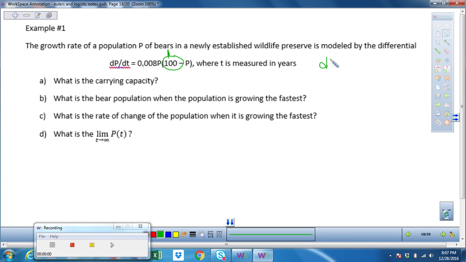So dP/dt equals, when I factor out 100 from here, I am multiplying this decimal by 100, so it becomes 0.8P. And then when I factor out 100 from here, I get 1, but I have to factor 100 from here too. It doesn't have it to give, so it becomes P over 100. Once it's in this form, I can answer all of these questions. This is the only math that we have to do. So the carrying capacity now is 100.